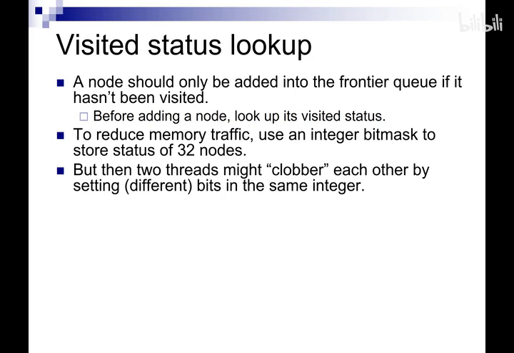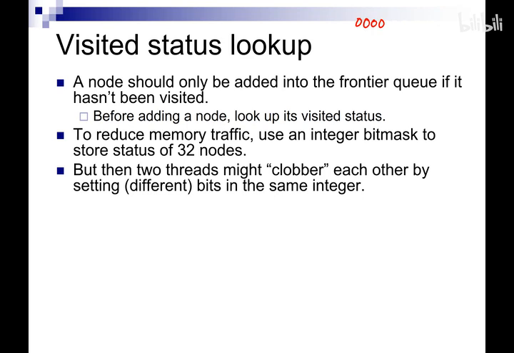But the problem is that now, since we're modifying these visited status bit masks in parallel, the different parallel accesses can clobber each other, so they can interfere with each other. As an example, suppose we have just 4 bits in the integer, and now we want to change the visited status of some nodes.